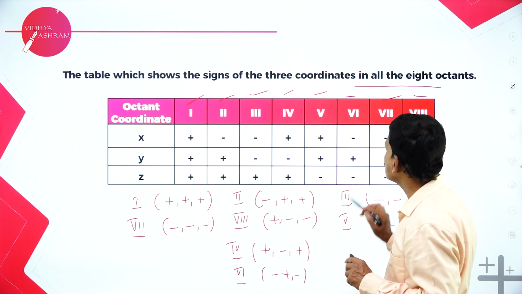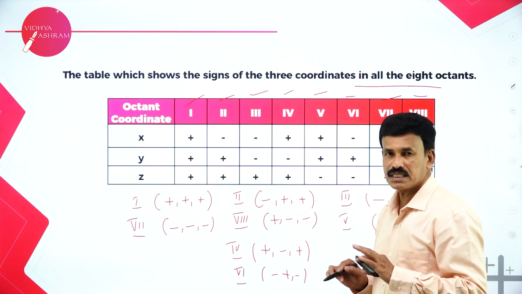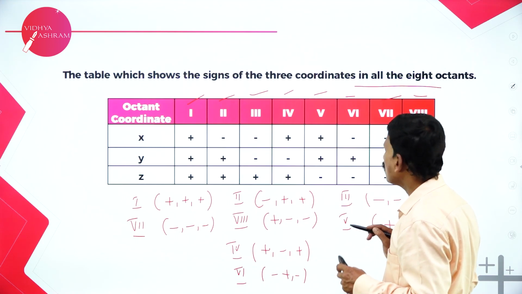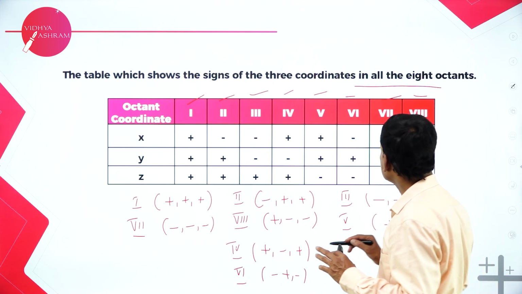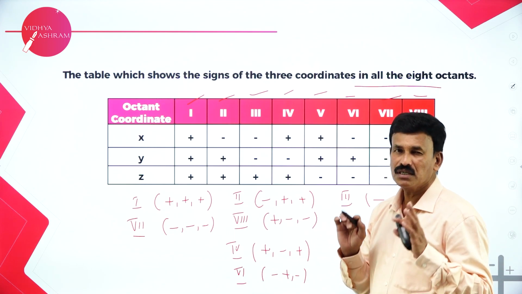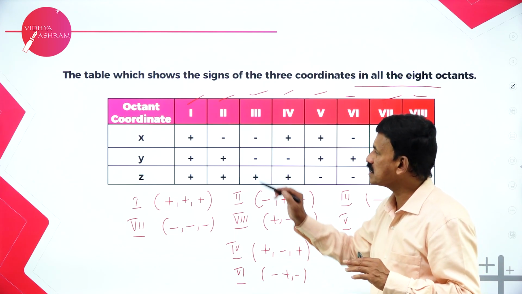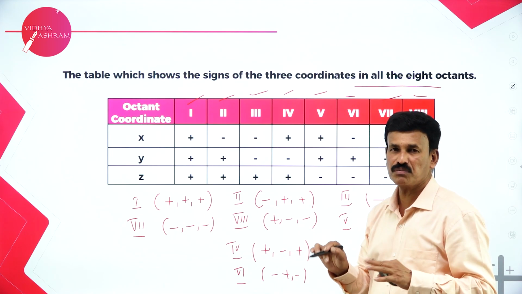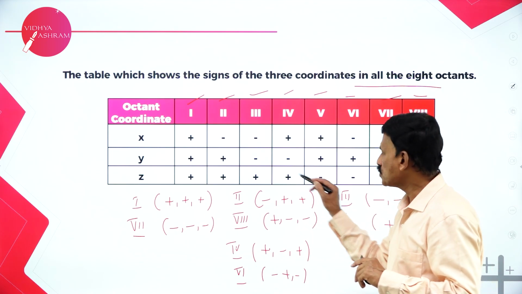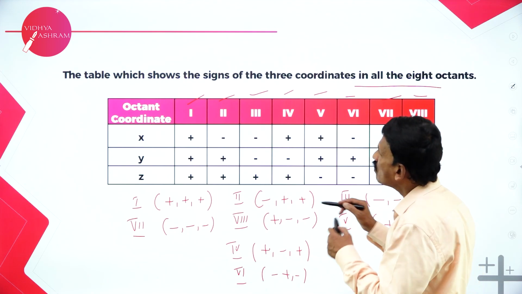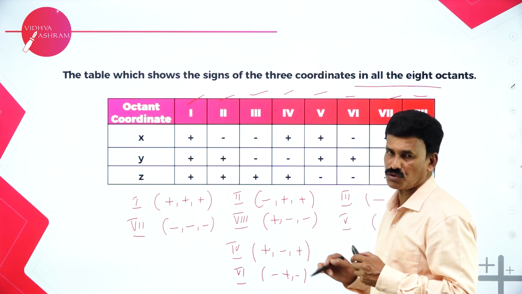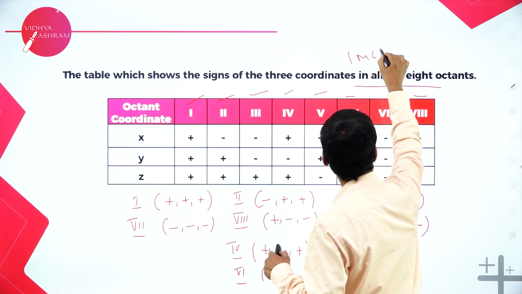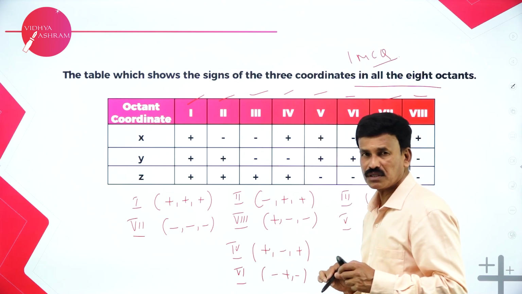In the 6th octant, x is negative, y is positive, z is negative. In the 7th octant, all are negative, minus, minus, minus, as opposed to the first octant. In the last, 8th octant, x is positive, and y and z are negative. This is how we are going to remember all the signs in 8 octants, very important. You may expect one MCQ question from this table.